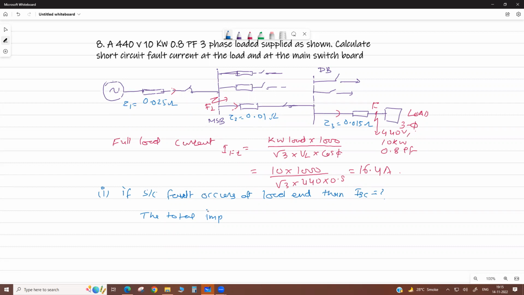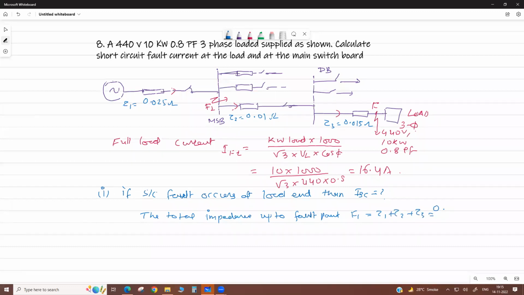So the total impedance up to the fault point F1 is Z1 plus Z2 plus Z3.